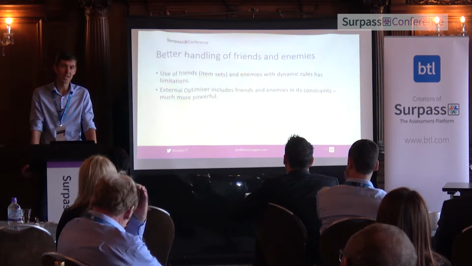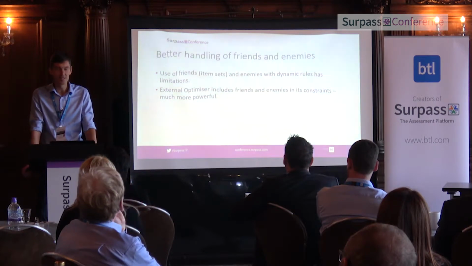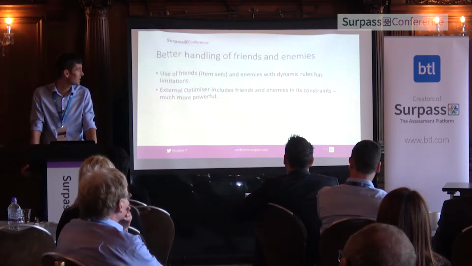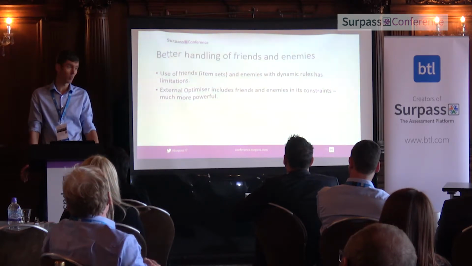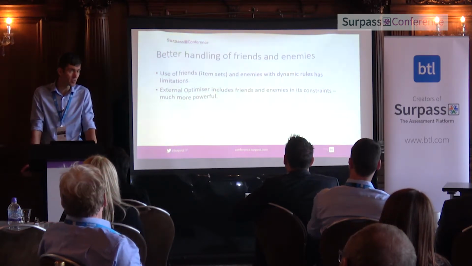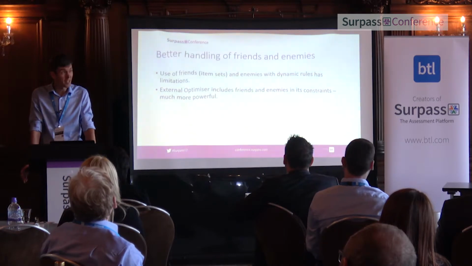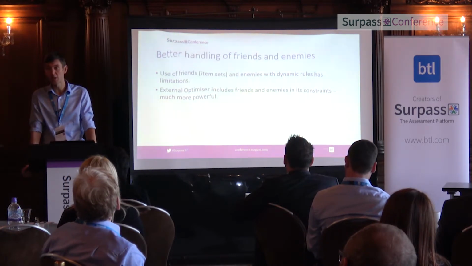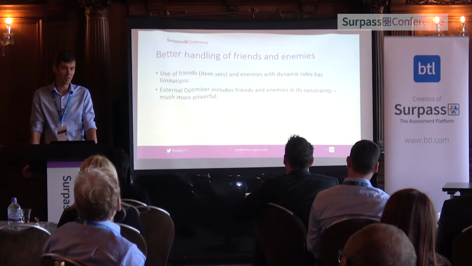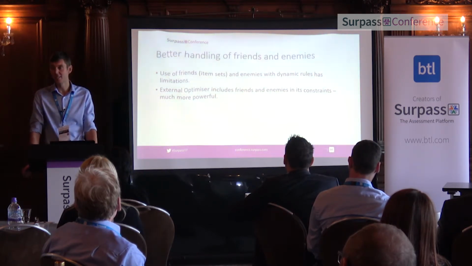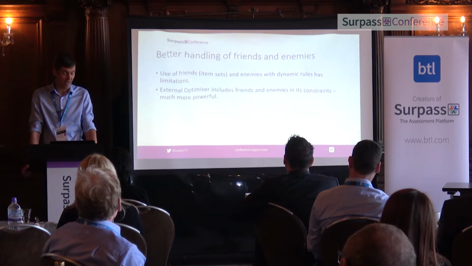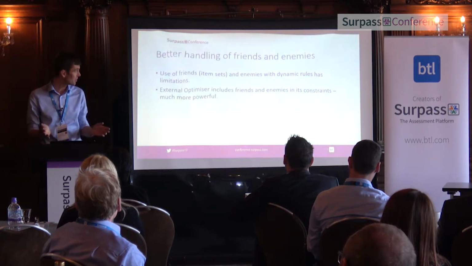If they're not, try again and then just keep trying until you've successfully generated a list that does contain the right friends and enemies, which works as long as your friends and enemies aren't too complex, but you can run into problems if you have large numbers of enemies and constraints that try to put enemies together or keep friends apart.